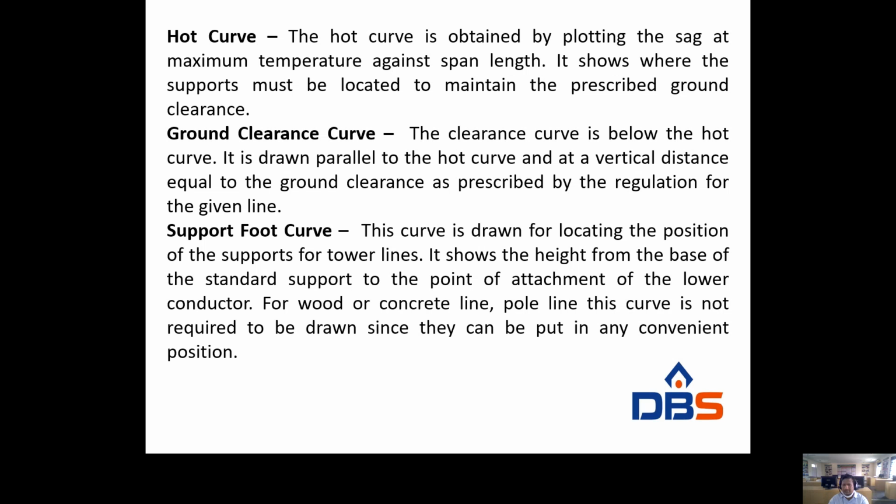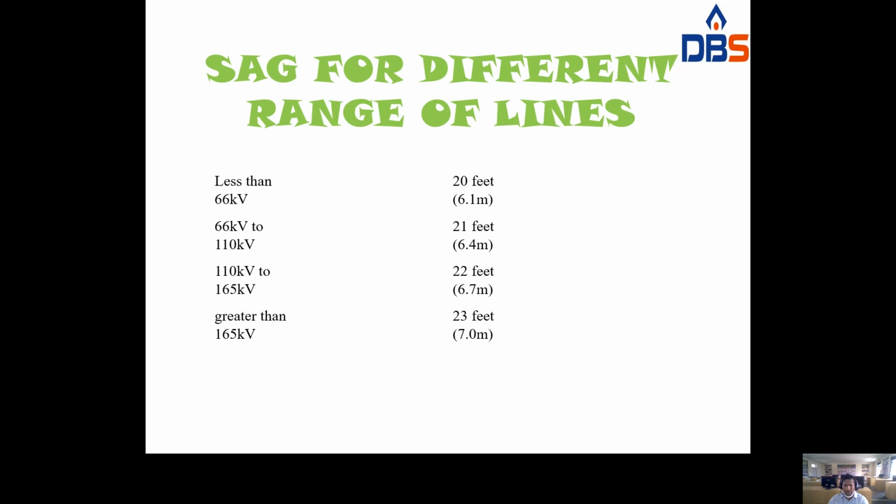The ground clearance curve is below the hot curve, and the support foot curve locates the position of the supporters for tower lines. Sag for different ranges of lines: less than 66 kV, it may be 20 feet; 66 to 110 kV, 21 feet; 110 to 165 kV, 22 feet; greater than 165 kV, we take 23 feet for the sag.